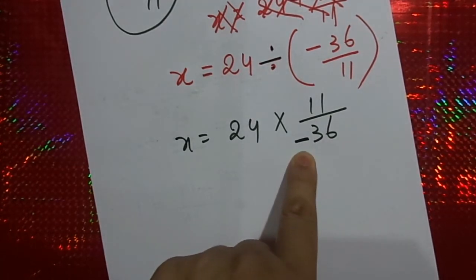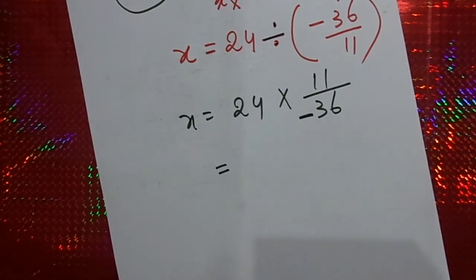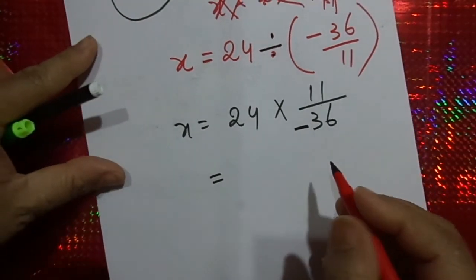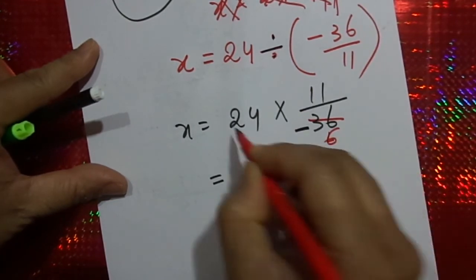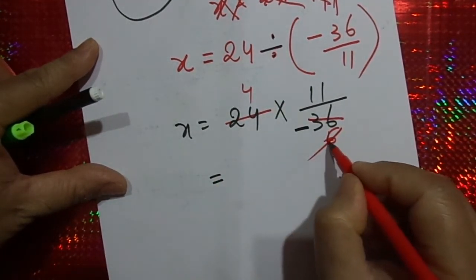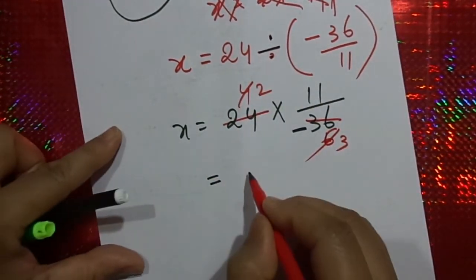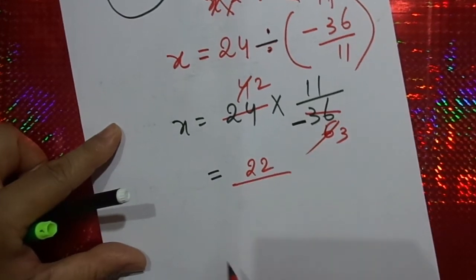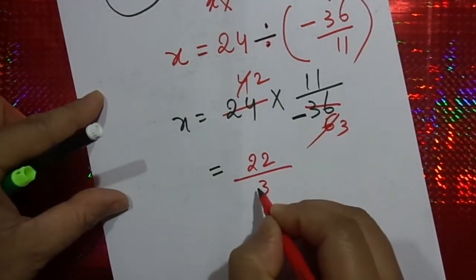This minus will not leave me today. Okay, so after cancellation, 6 times 4 times, 3 times 2 times will be equal to 22 by 3. Minus will go up.